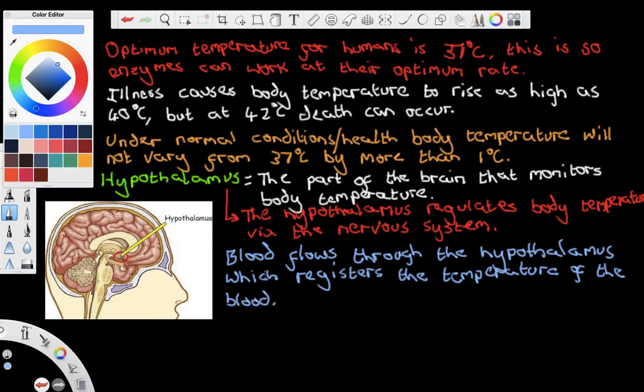And we can say that the hypothalamus uses the nervous system to bring about changes to correct body temperature.